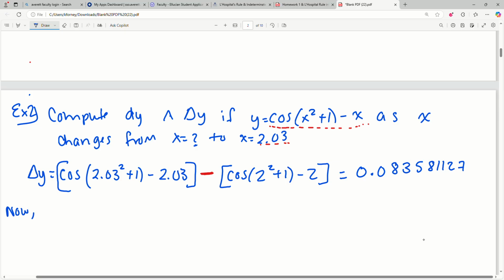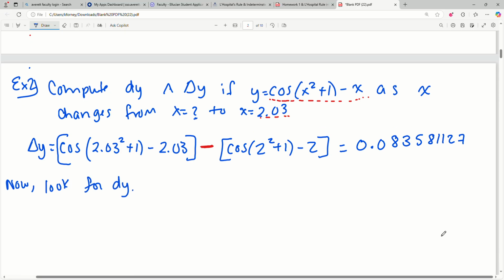Now, look for dy. Here's the formula. What we're going to do is take the derivative, and then we'll have dx because it's with respect to x. I'm not going to put that yet because I don't know how much space I'm going to need.